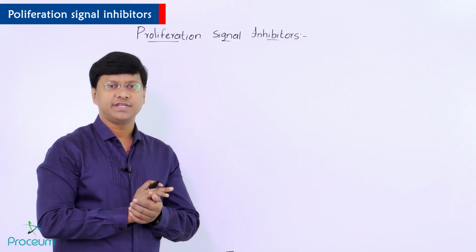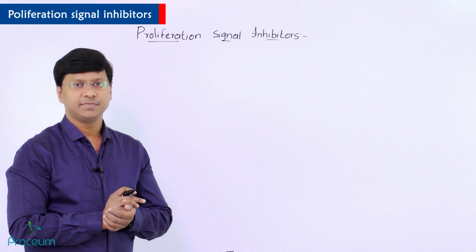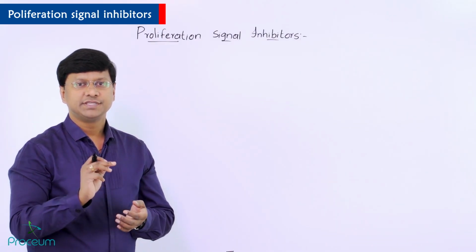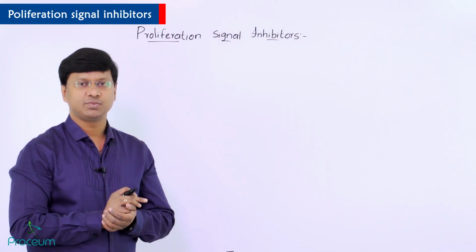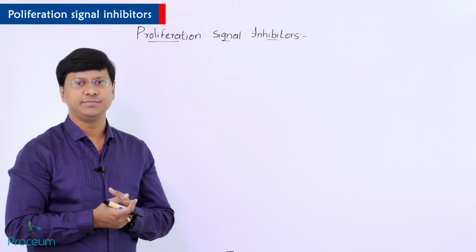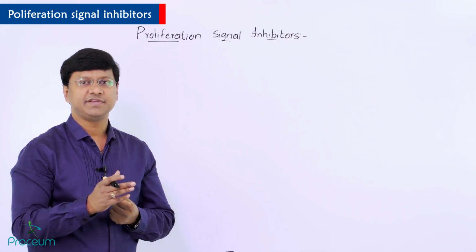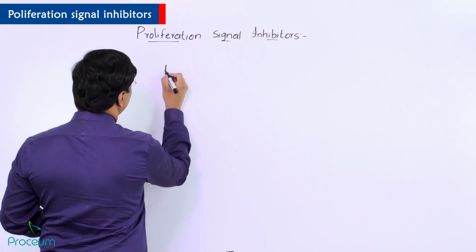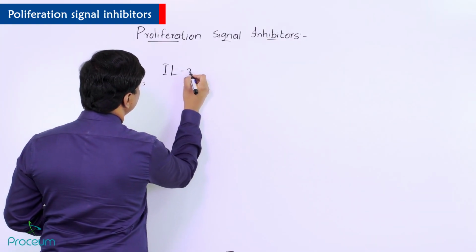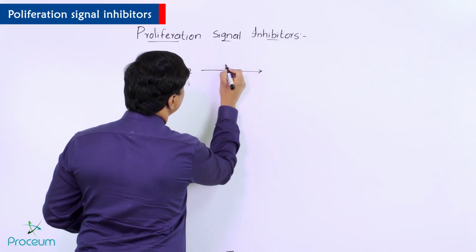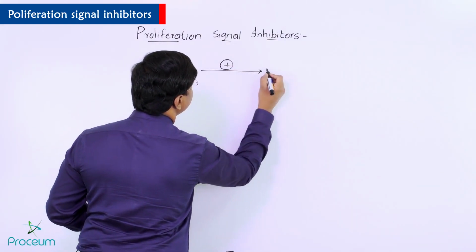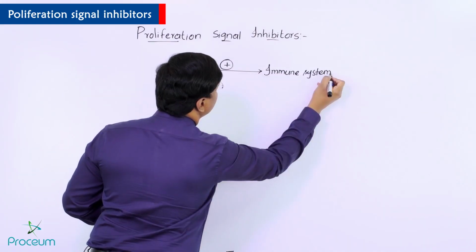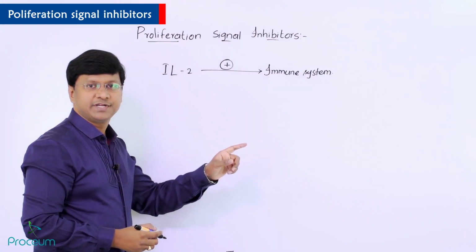Now we have various interleukins in our body, but remember, out of which interleukin 2 is the one which will stimulate the immune system by activation of several T cells. How does it stimulate the immune system?